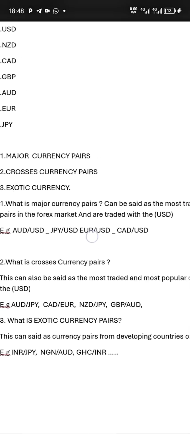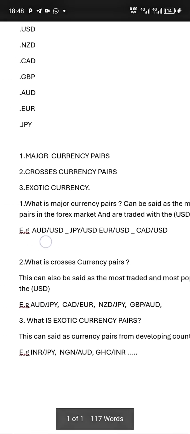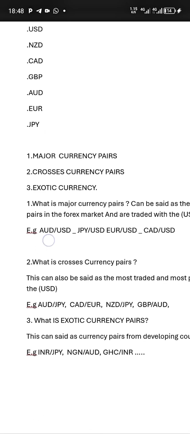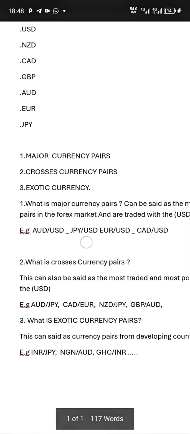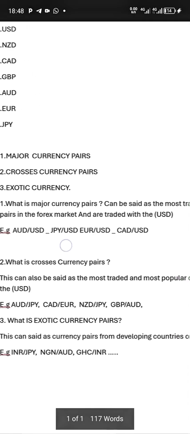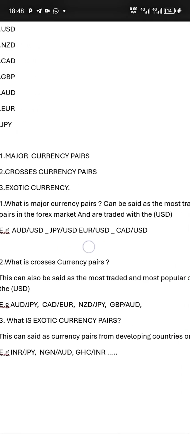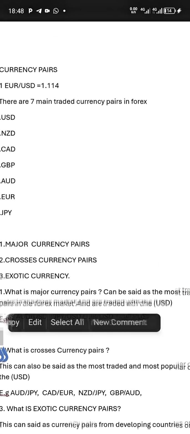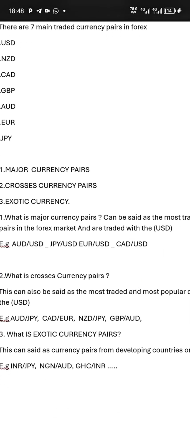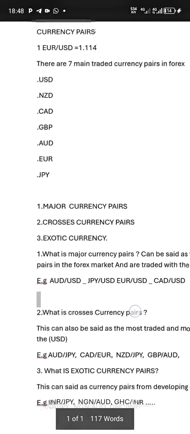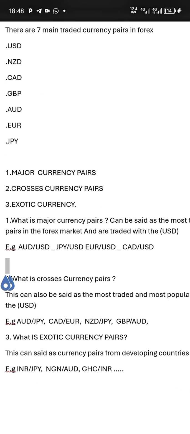In this first example we have the AUD, the Australian dollar, versus the United States dollar. In the second example we have the JPY versus the United States dollar. In the third example we have the euro versus the United States dollar. In the fourth example we have the Canadian dollar versus the United States dollar.